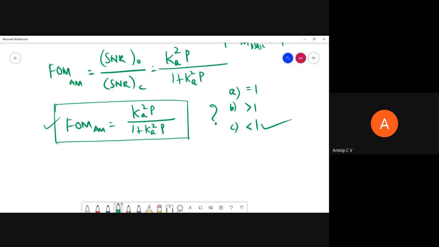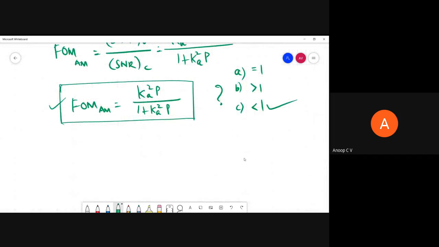So maybe it will be more clear when I say it's bad compared to DSBSC, how bad it is. If you want to know that, we'll have to solve a problem. It can be a problem or a derivation, whatever. So maybe you can take it down.